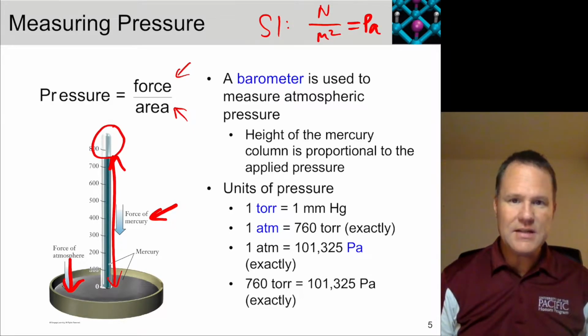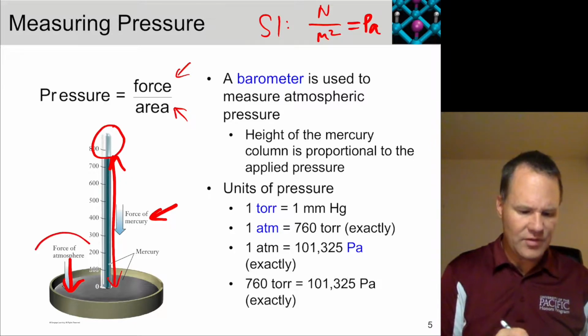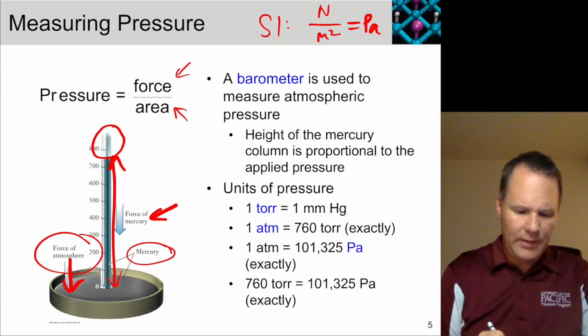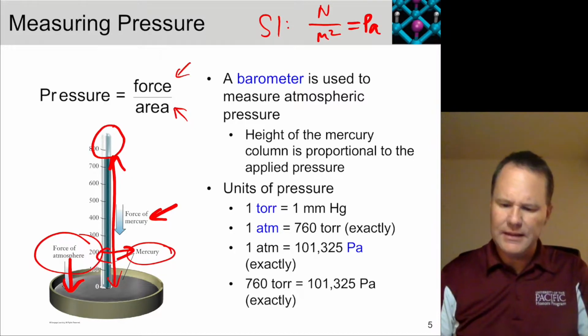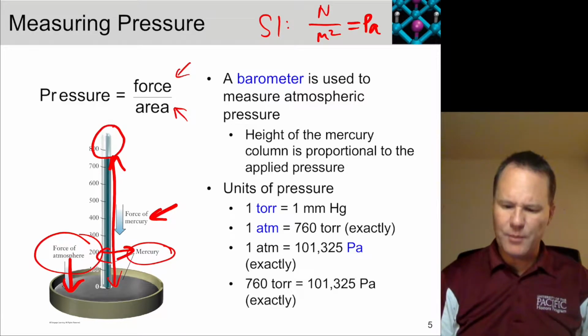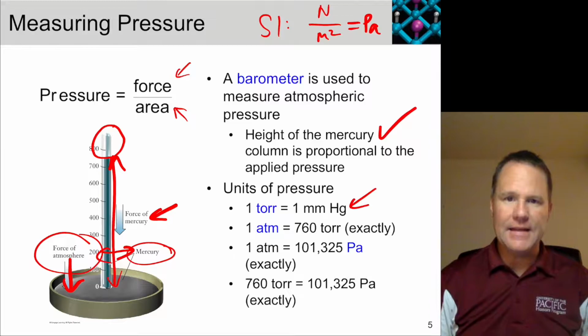But if there is no gas pressure, there's vacuum, then only the height of the mercury will counteract the force of the atmosphere here. So the mercury counteracts the force of the atmosphere, and so the height is proportional to the pressure. And so one unit could be how many millimeters of mercury we have, and that we call the torr.